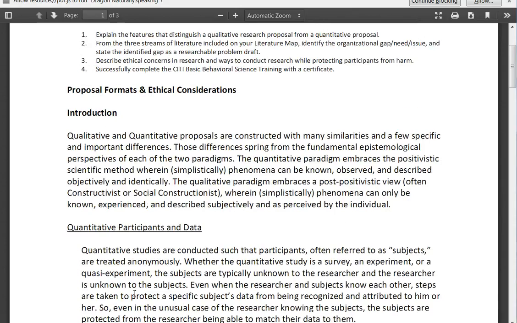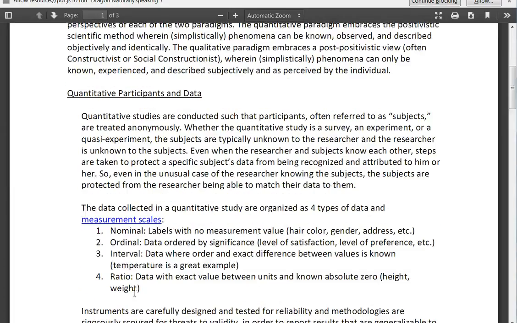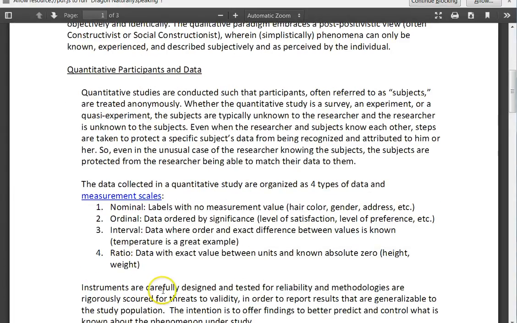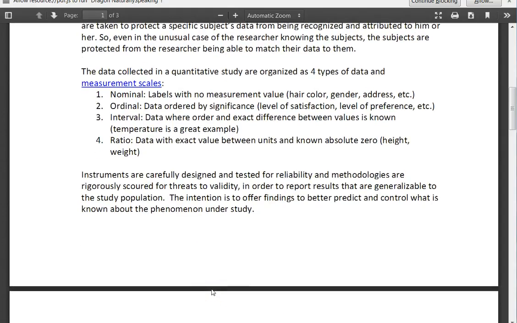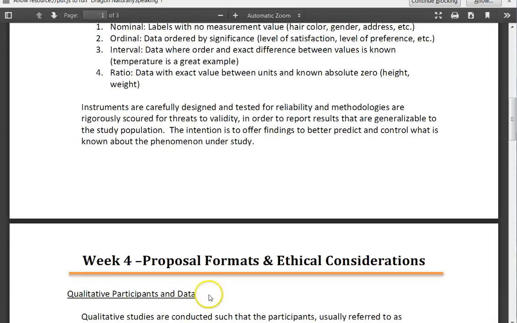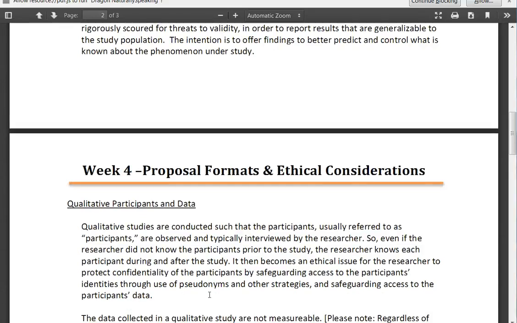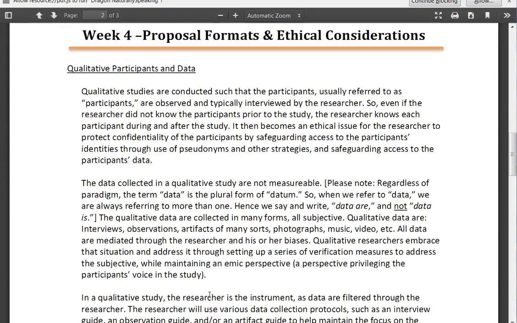And we're going to walk through what each of those paradigms is like, and what each expects, and what makes quantitative, with regard to measurement scales, with regard to the validity and reliability expected of the instruments, etc. And then we're going to look at qualitative, and we'll look at the instruments and the participant selection in a very different way.